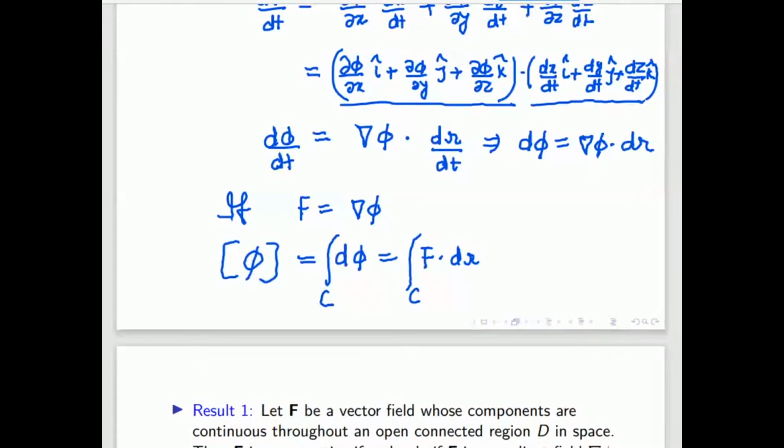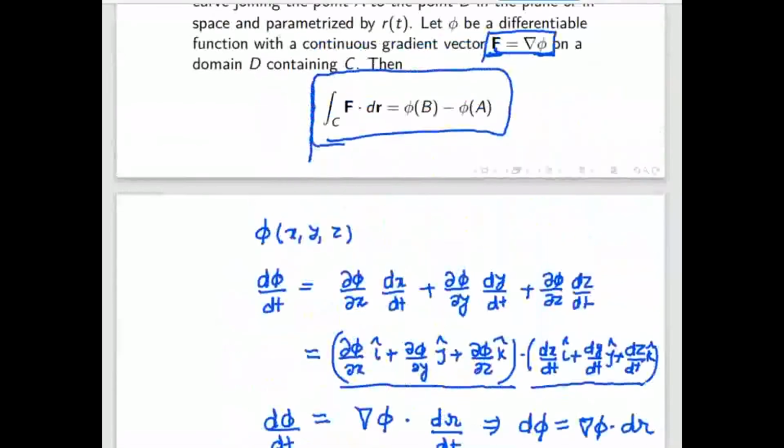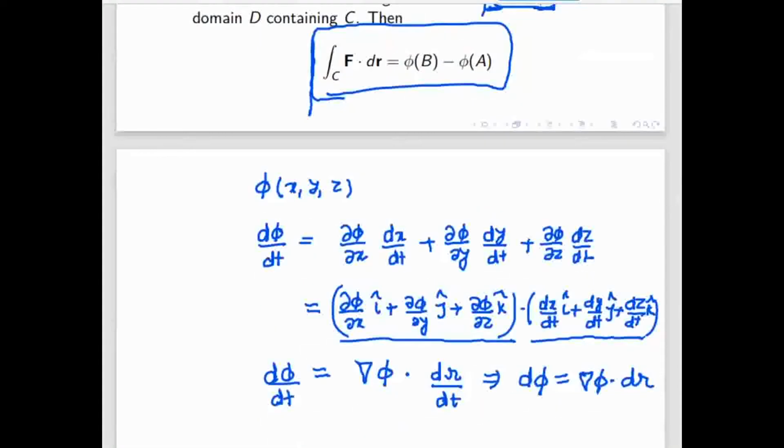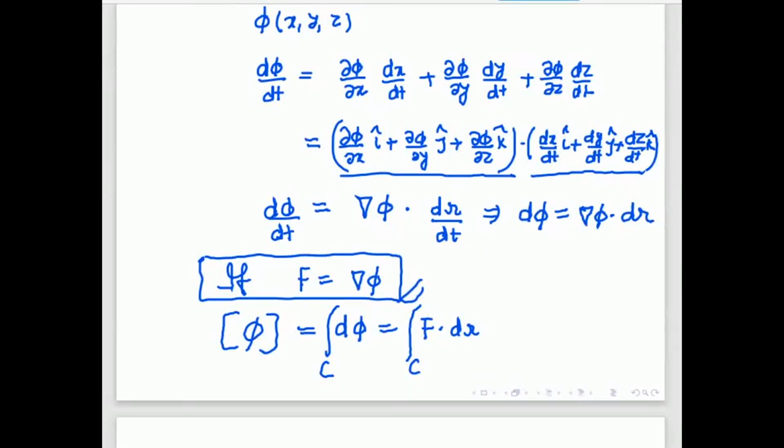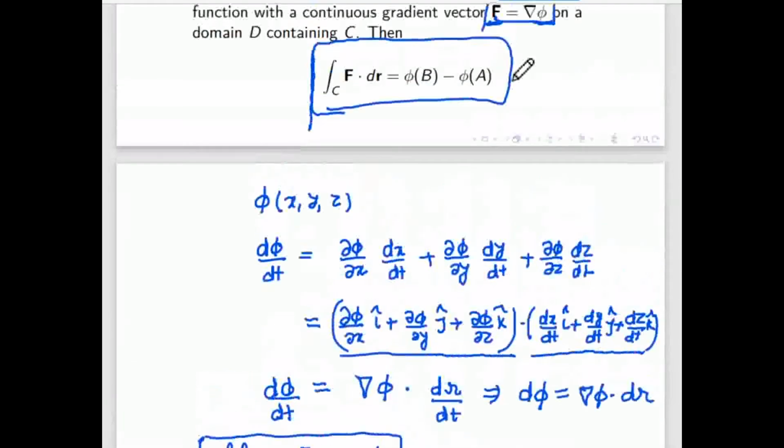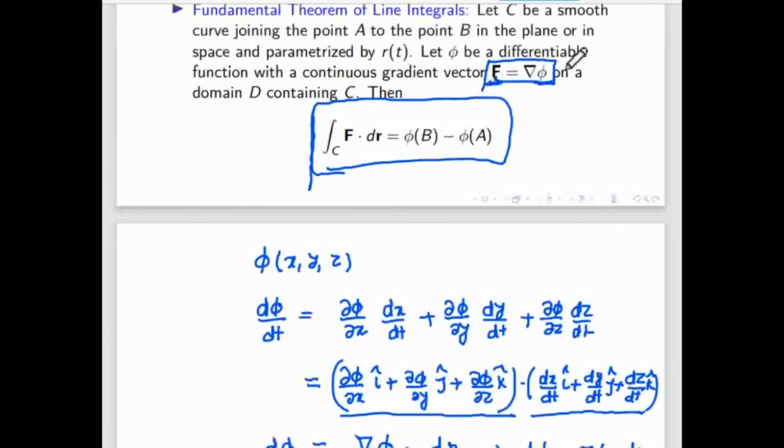So that's why the integral of f dot dr comes phi b minus phi a. And that we can do only if we assume the condition f equals grad phi. If this is satisfied, then we can say that this integration depends only on the endpoints b and a. That means the field is conservative. So that's why f equals grad phi is the condition for the field to be conservative.